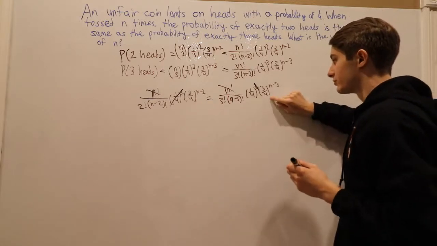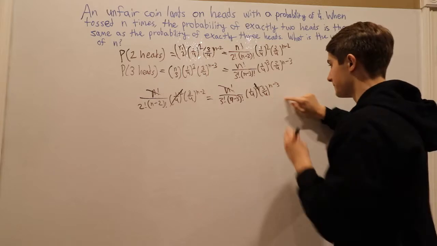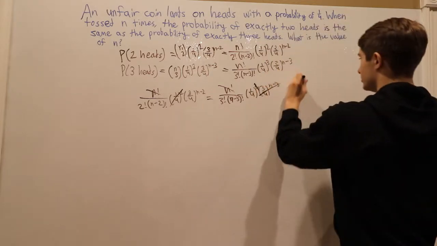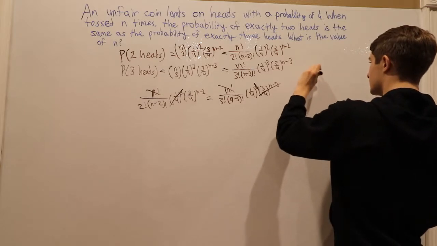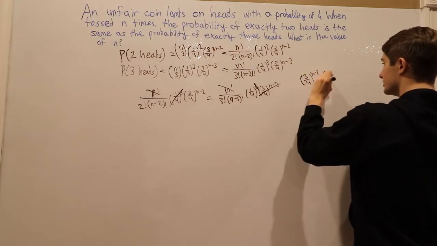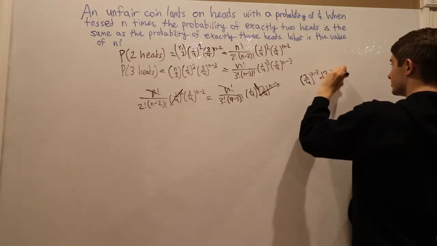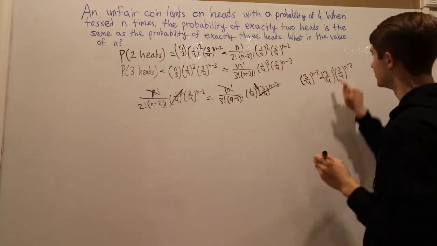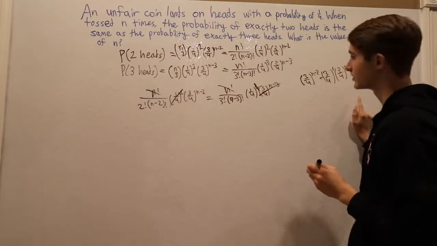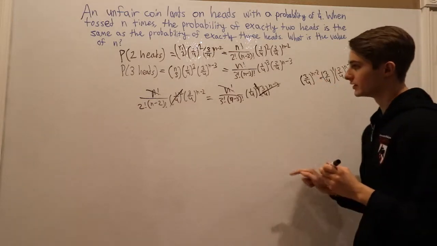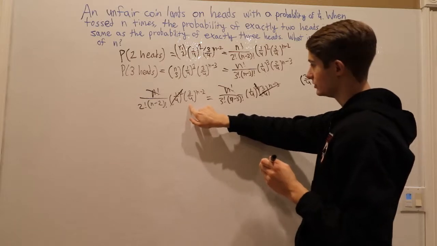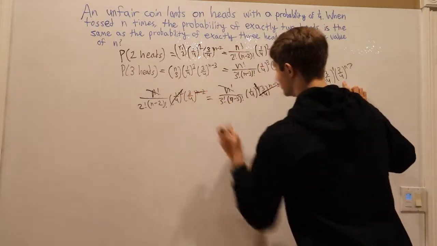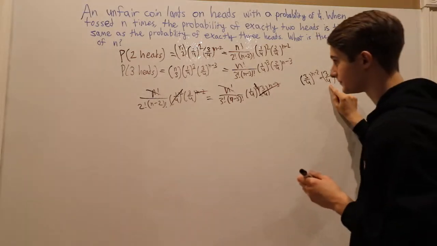If we divide by 3/4 to the n minus 3, this part will go away. 3/4 to the n minus 2 is the same as 3/4 times 3/4 to the n minus 3, because if we add the exponents together, we get n minus 2. So 3/4 to the n minus 2, divided by 3/4 to the n minus 3, is just going to be 3/4.